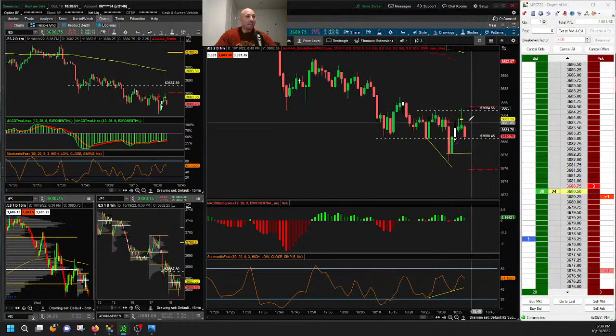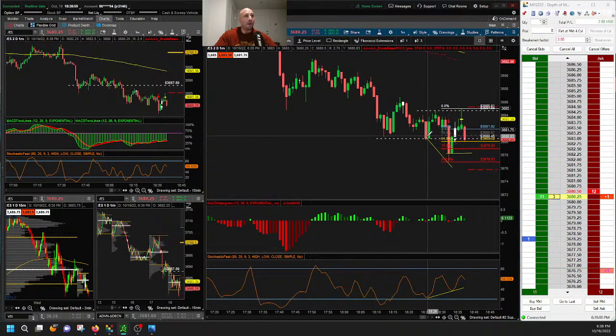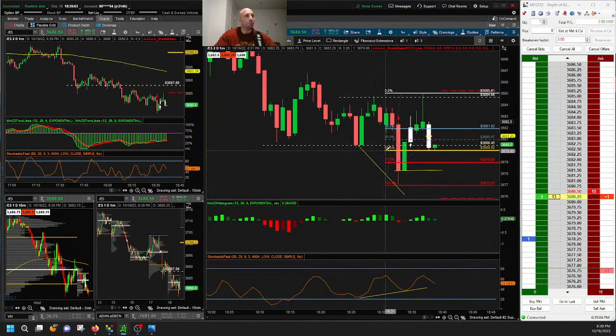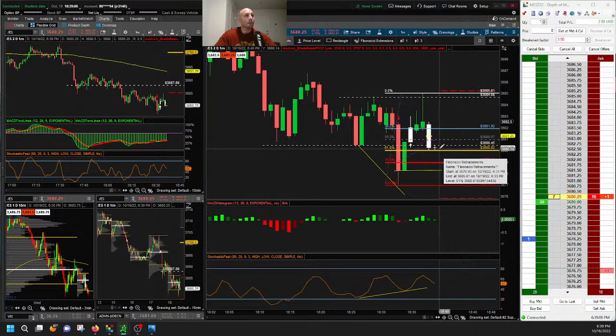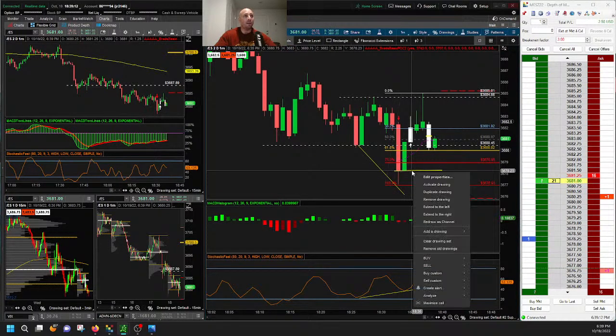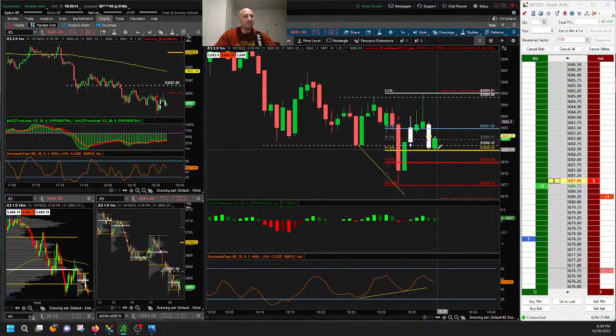But again, this is now just a pullback. Now, if you guys want, grab your Fibonacci retracement, low to high, right, and watch. I won't be surprised if we bounce right here. I'm not going to take it because there's too much risk, right? I think I want price to come down here, but look at this bounce, right?